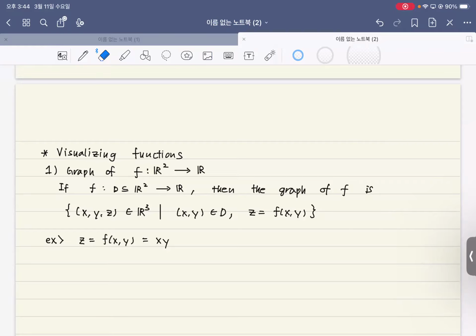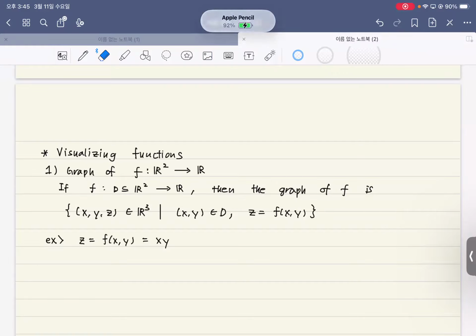Therefore, the graph should also go up. And if I go in this or that direction, the function goes up. Where the signs of the x and y coordinates are different, the function should go down, right?